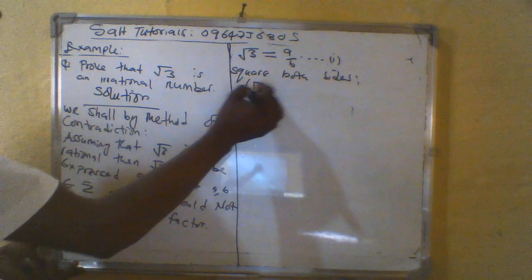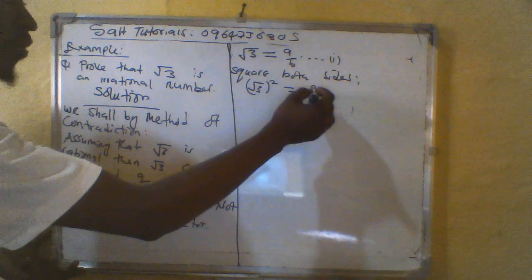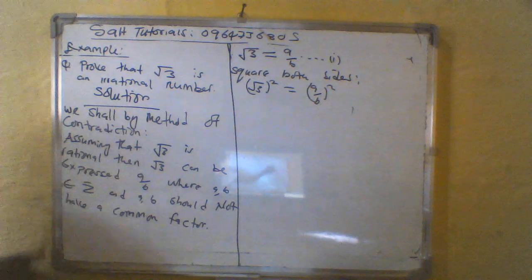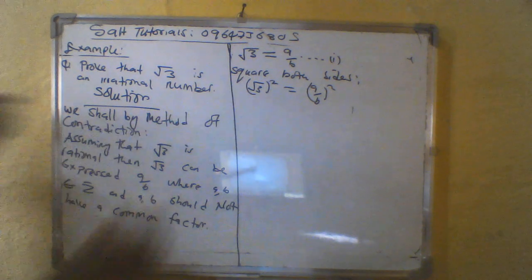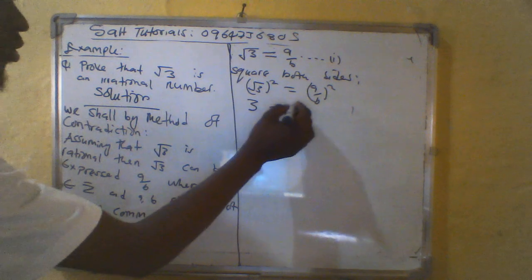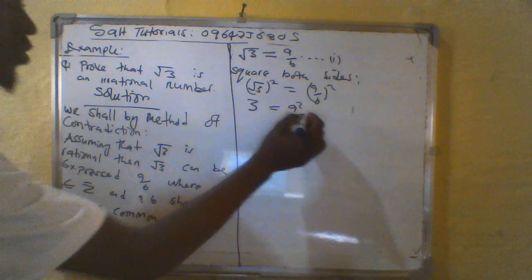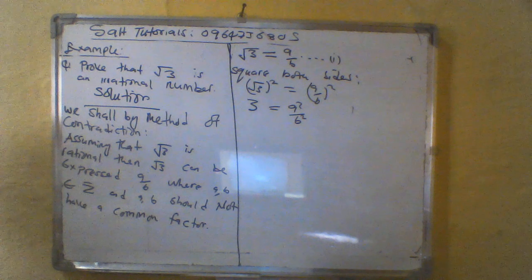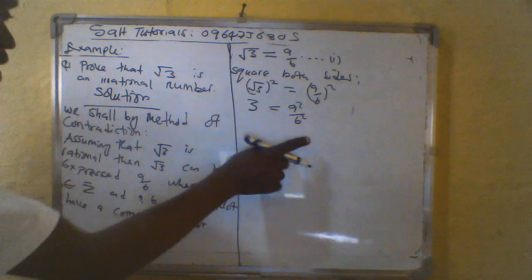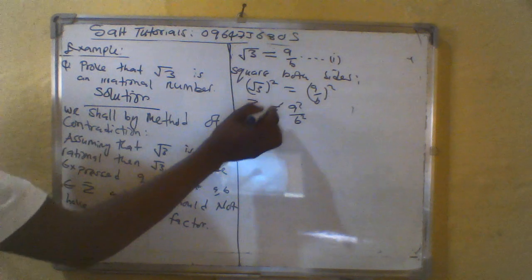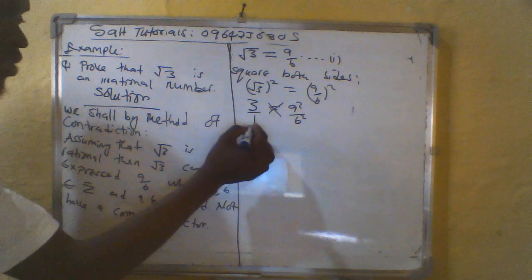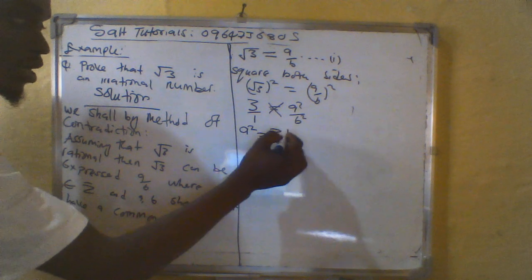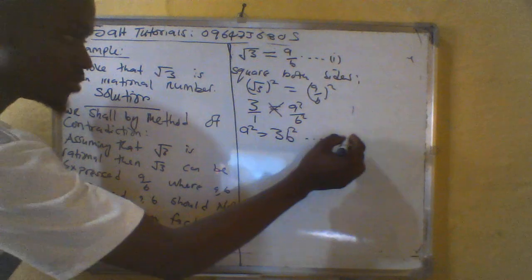Root 3 squared equals a over b squared, so the square and the root cancel and I remain with 3 equals a squared over b squared. I can make one the subject: this is over 1, and I cross multiply. I'm going to have a squared equals 3b squared, and this can be my second equation.